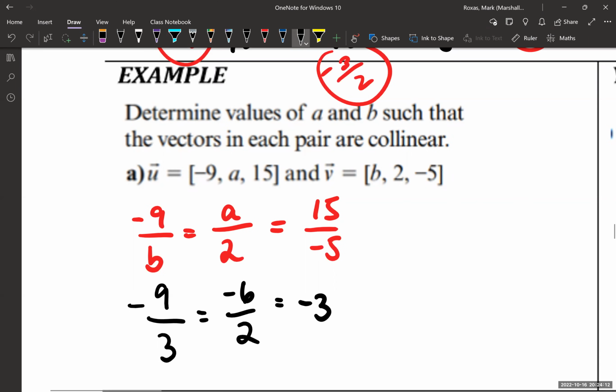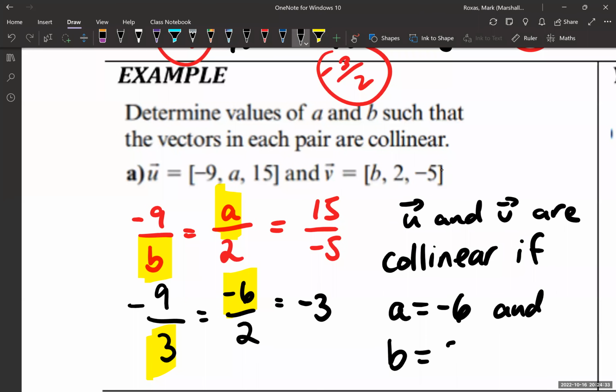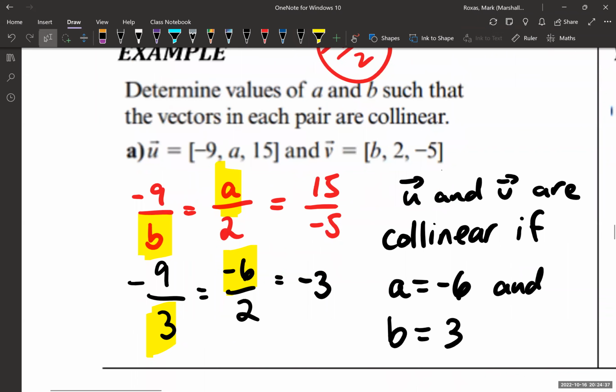So if I made a to be negative 6 and b to be 3, then I'll have collinear vectors. So u and v are collinear if a equals negative 6 and b equals 3. Okay, so that's how we do that kind of question.